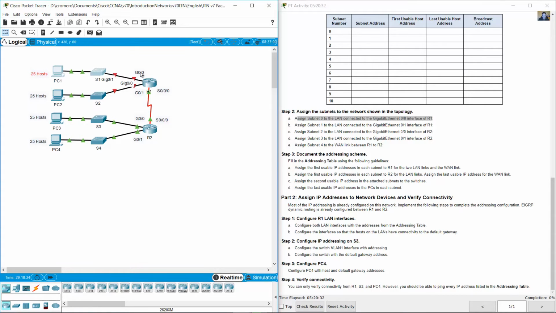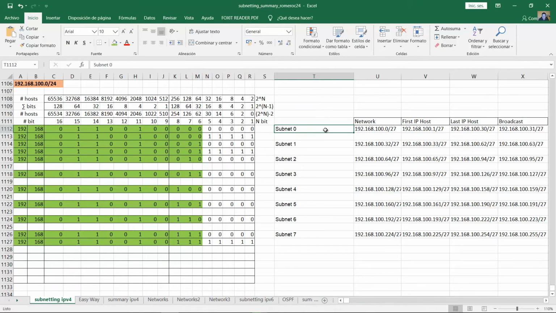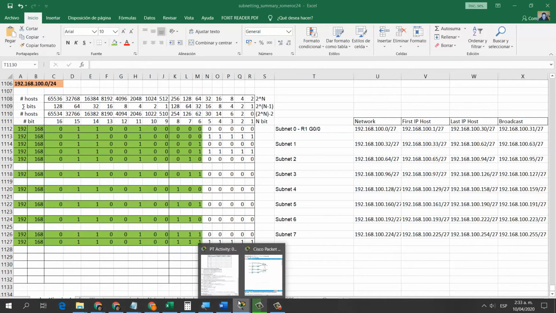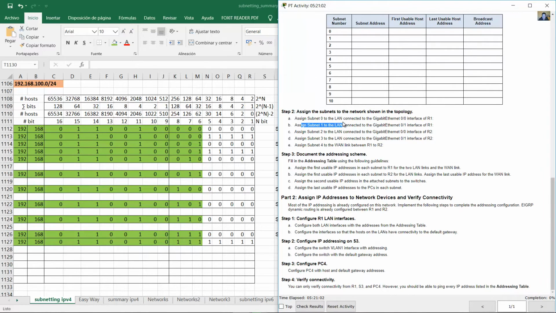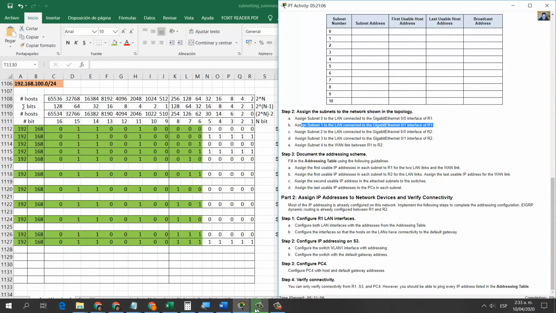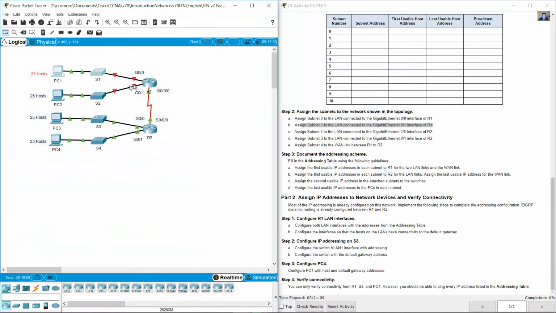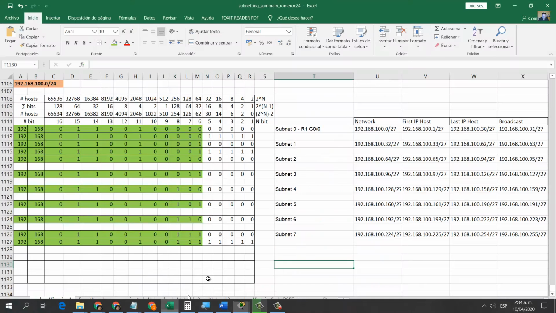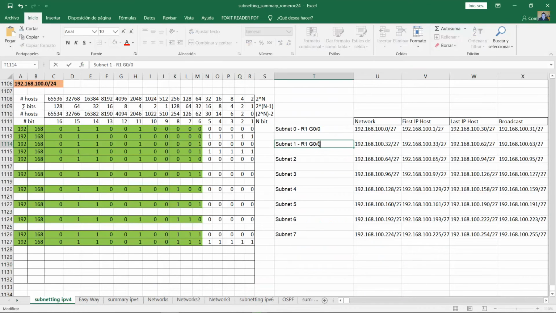This. Okay. Subnet 1, gigabit 0/1 on R1. This. Zero one on R1.